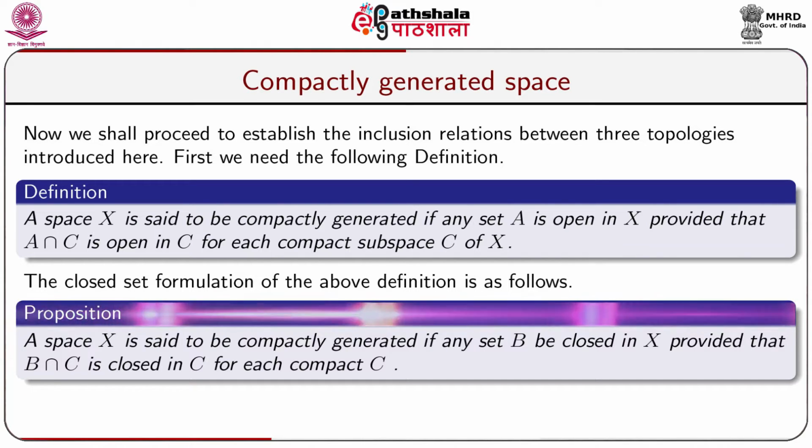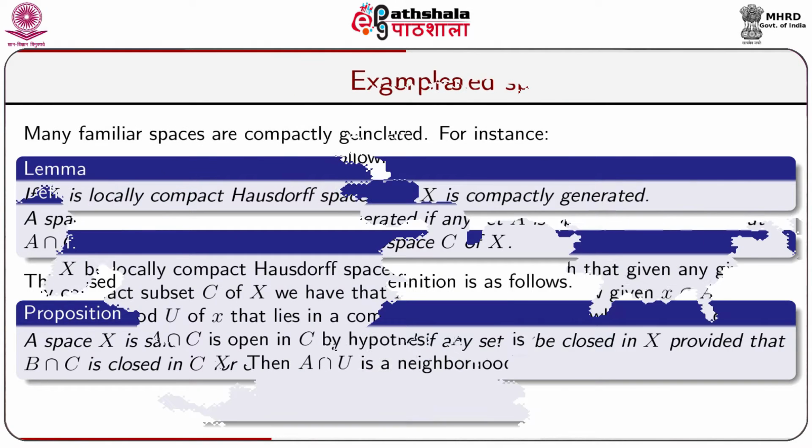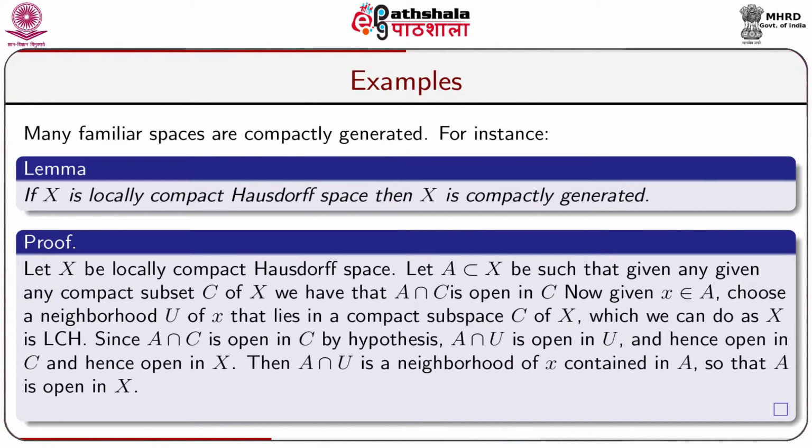This also has a closed set version. The closed set version says that a space X is compactly generated if any set B is closed in X, provided that B intersection C is closed in C for each compact set C. Many familiar spaces are compactly generated.